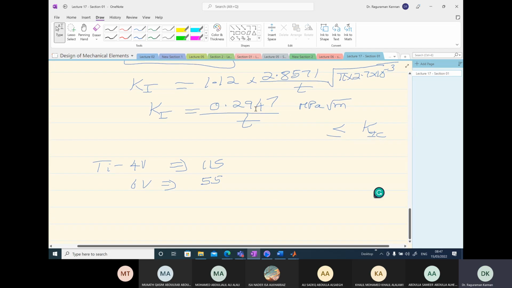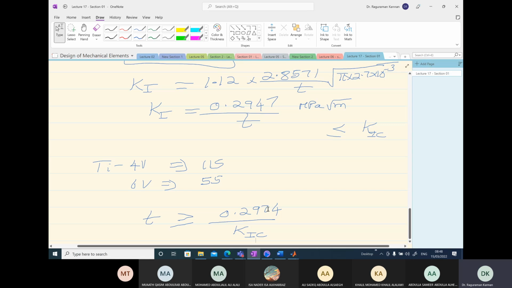Now let me write the expression for T. If I rewrite the expression for T, T should be greater than or equal to 0.2947 over K IC. So this is the expression I get. Now if I put the larger value here, obviously if I use this material, my thickness will be a lesser value than using the smaller value here.